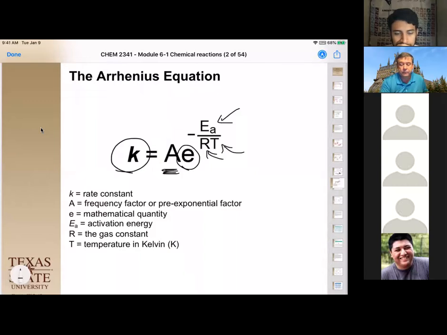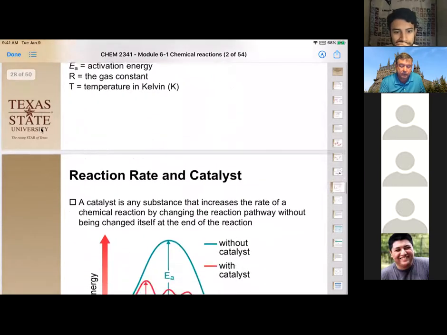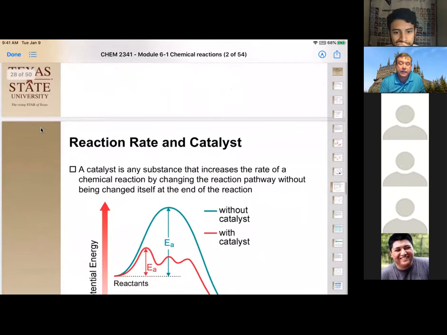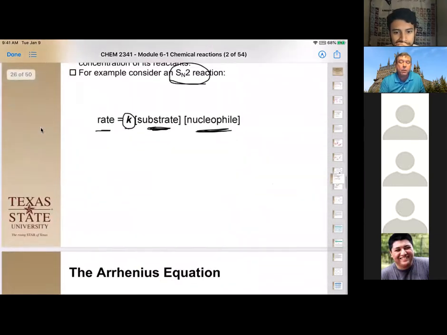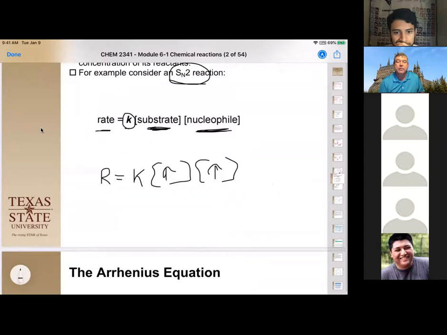So how do we use it? Well, we use it mostly in the form right here, where we're looking at the substrate and the nucleophile's concentration. So if we look at our rate law, if we just had our rate is equal to some constant, it's measured, it doesn't matter, and we increase the concentration of the two components here, we will increase the rate of the reaction.